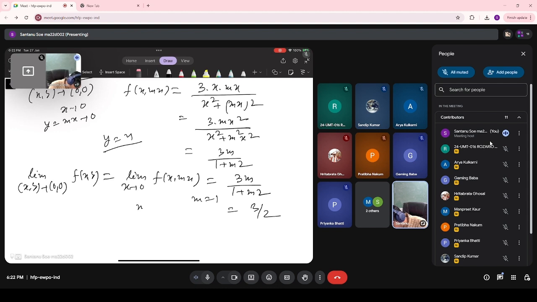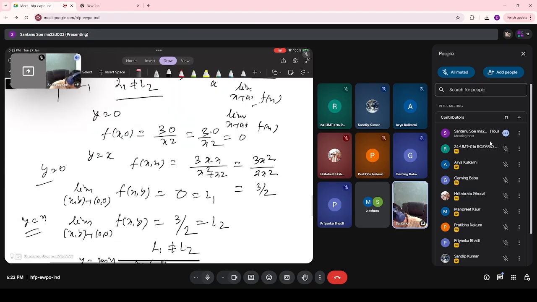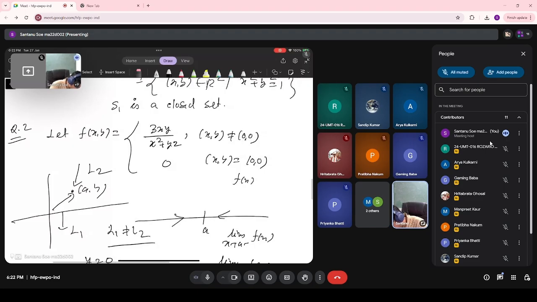Now if you take m equals 2, this will give you the limit as 6 divided by 5. So for different values of m, you are getting different limit values, and that should not happen. If the limit exists, it should always be equal through different directions. So in this case, we can definitely say that the limit as (x, y) tends to (0, 0) of f of (x, y) does not exist. DNE stands for does not exist.